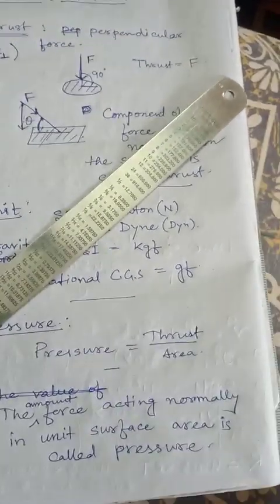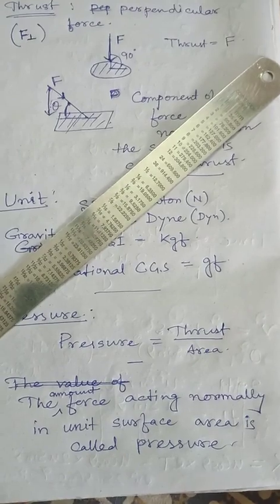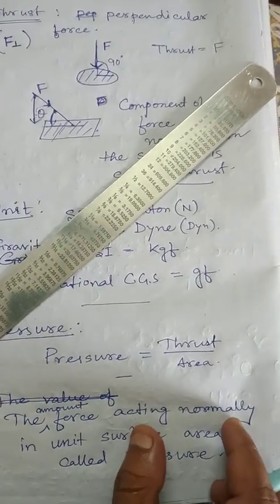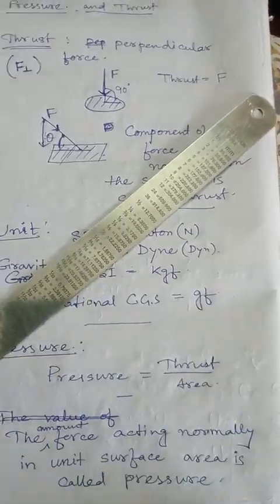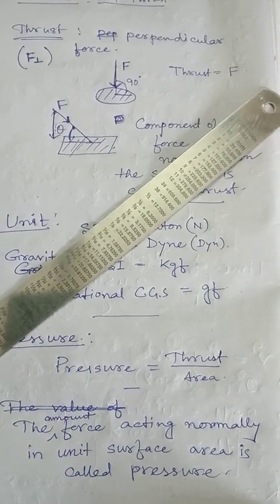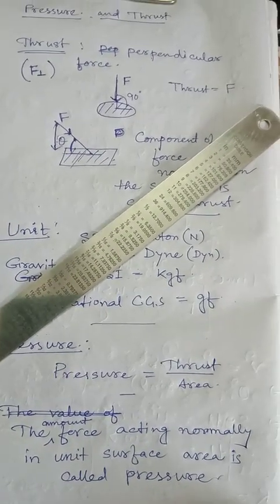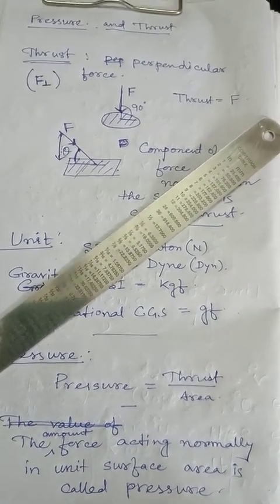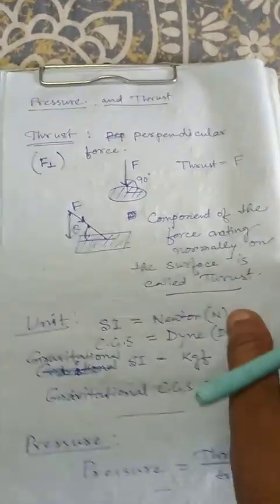Clear? So what is pressure? Pressure means the normal force, that is thrust by area. For unit area, the amount of force applied on the body is called pressure. Clear? So what is the unit of pressure?